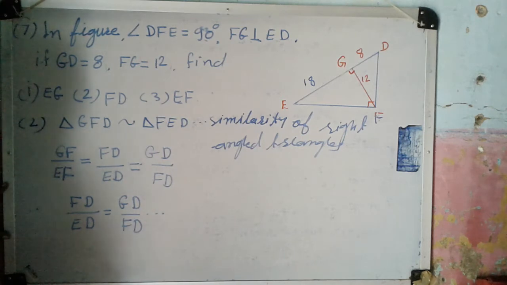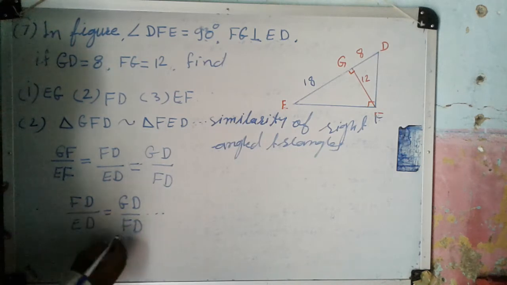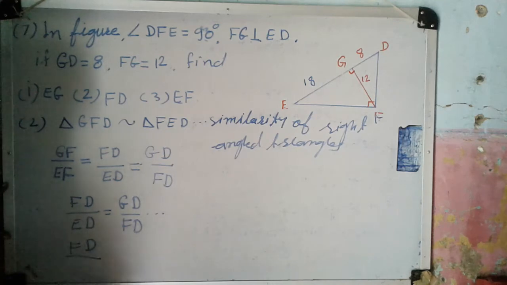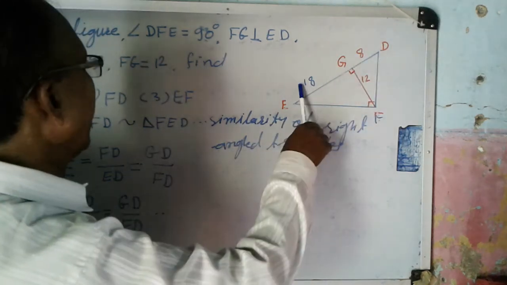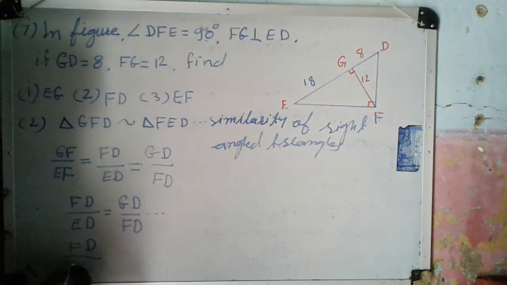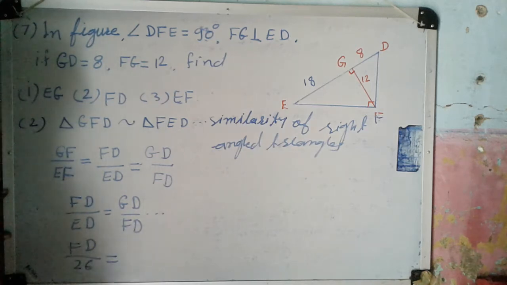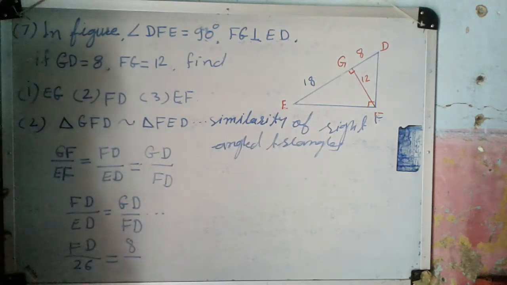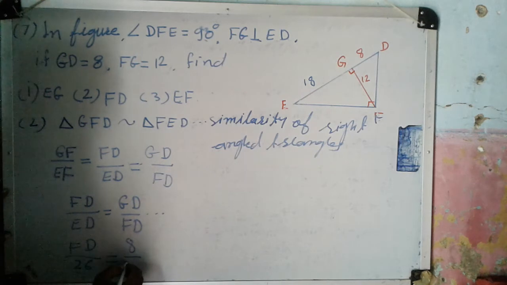Now, if we put the values here, FD upon ED, so length of ED is equal to 18 plus 8, we get here 26, and GD is equal to 8 upon FD. We have to find this length.